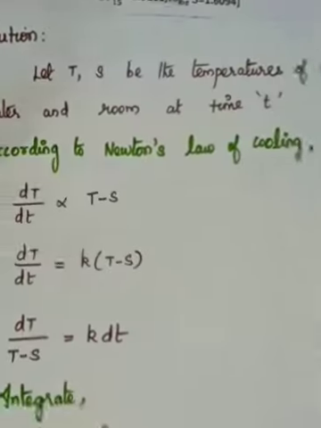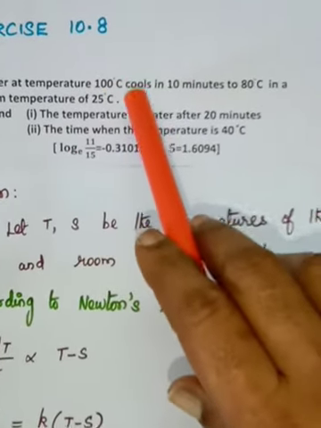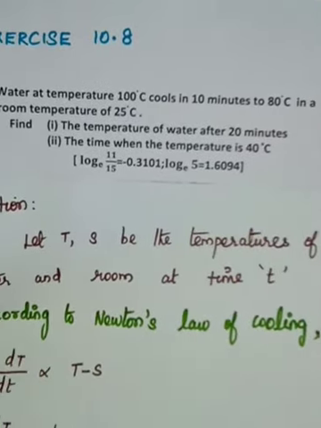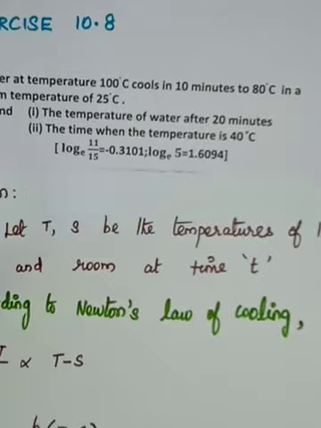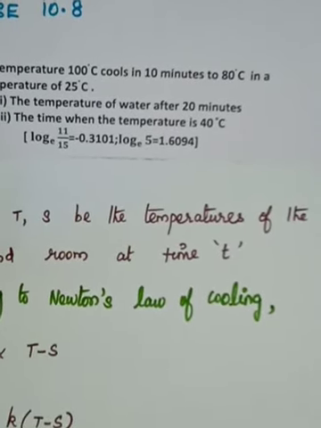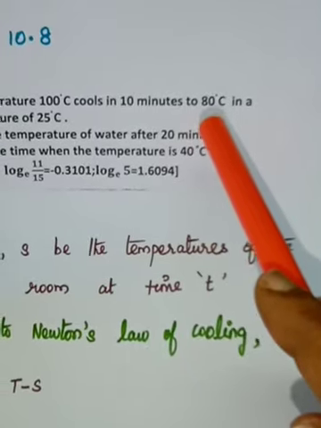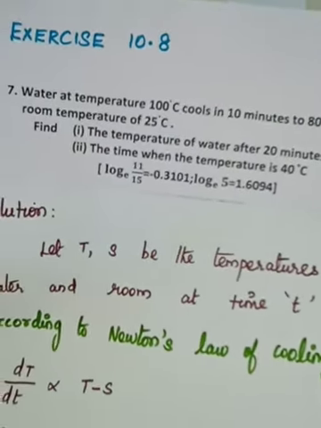You see that water at temperature 100 degrees Celsius cools in 10 minutes to 80 degrees Celsius. That means starting, the temperature of the water is 100 degrees Celsius. After 10 minutes, it changes to 80 degrees Celsius, that is, it cools to 80 degrees Celsius.